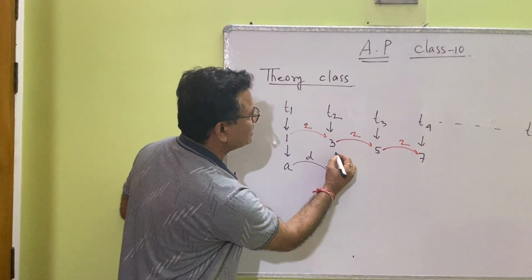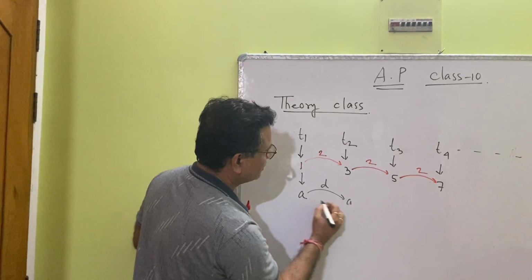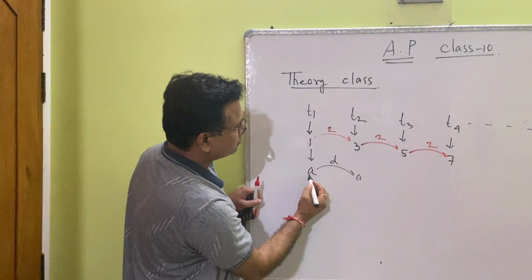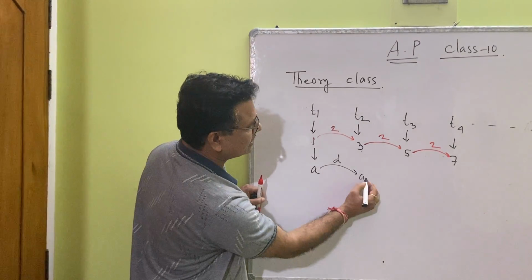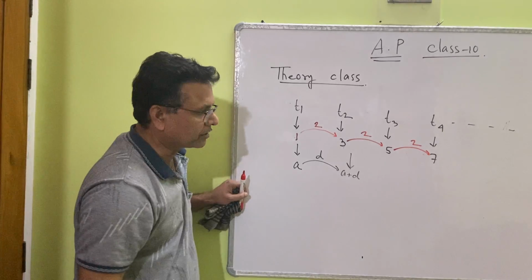Then what will be my second term? This will be A. With 1, I have added 2, that's why I got 3. So with A, I am adding D. I will get A plus D. So this is my second term.